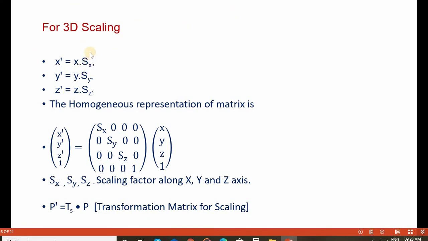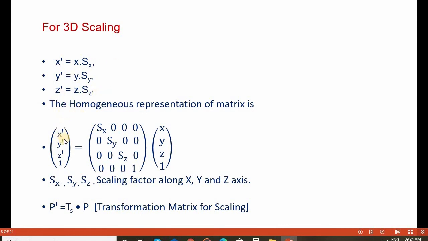We are multiplying with scaling factors such as sx, sy, sz: sx in the x-axis, sy in the y-axis, sz in the z-axis, so that we can have the new x dash, y dash, z dash, the new scaled image. So we multiply the original point x, y, z with the scaling factors sx, sy, sz.